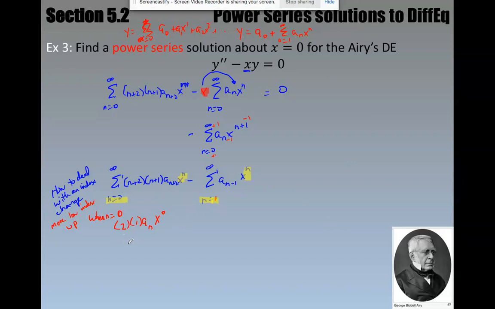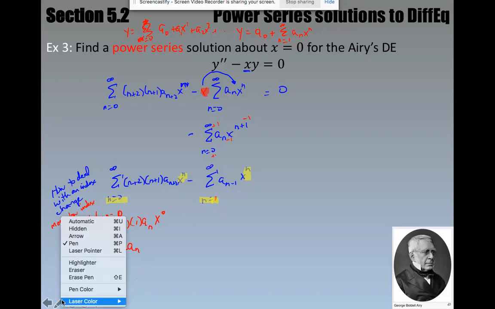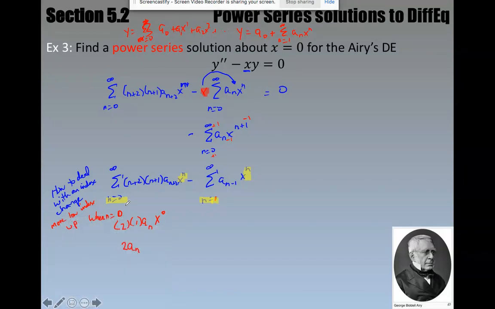Isn't that just 2a to the n? You sucked out that first term when n was equal to 0, which lets you now add when n is equal to 1 and not change. See what I did there?